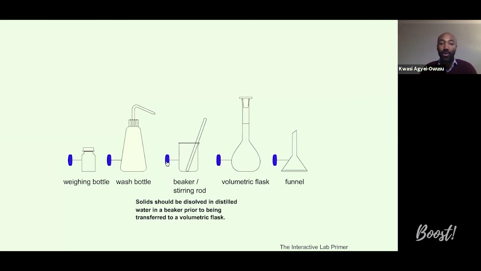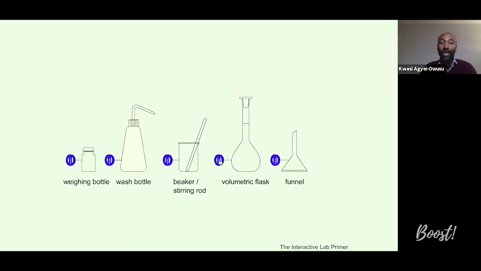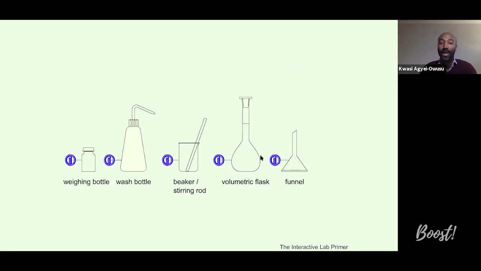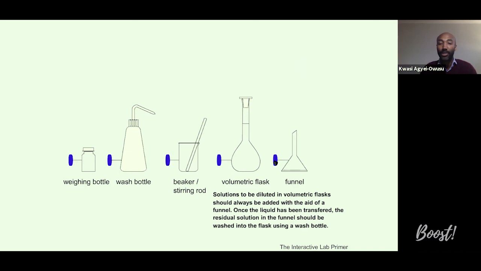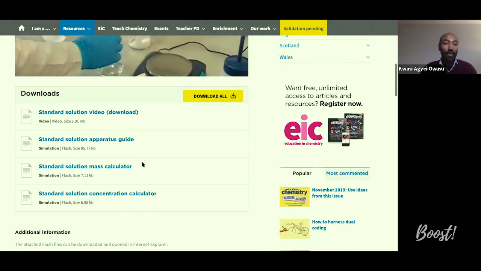Beakers and stirring rods. You've got the volumetric flask, very important for measuring an accurate volume of a solution, just one fixed volume. There are different sizes of volumetric flask, so typically a 250 cm³ volumetric flask, but you can get smaller sizes as well. And of course, funnels for adding solutions, transferring solutions from one vessel into another. Okay, so that's your apparatus guide.